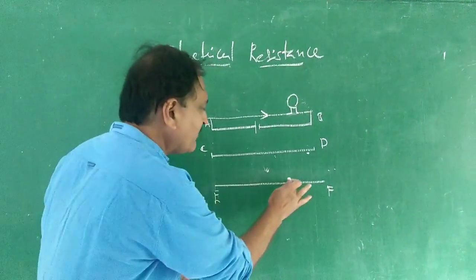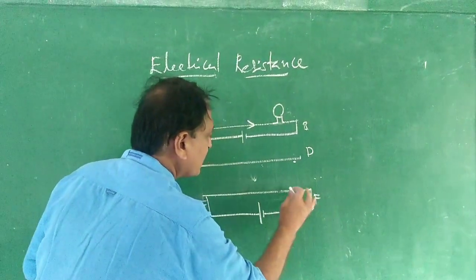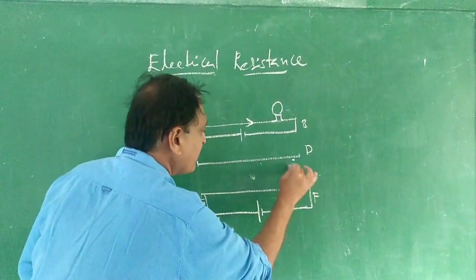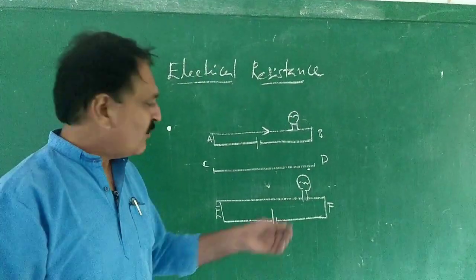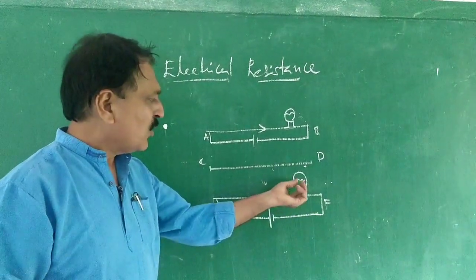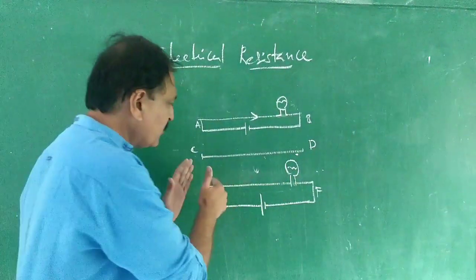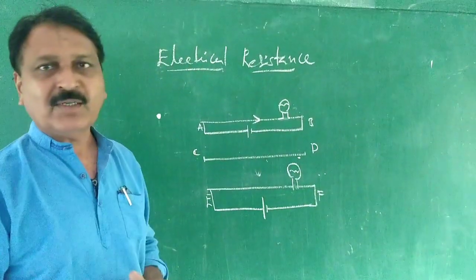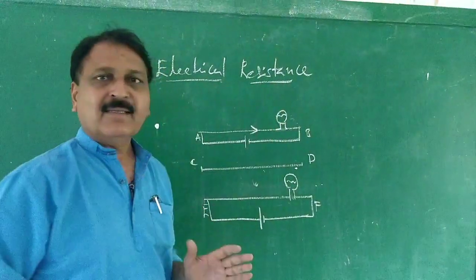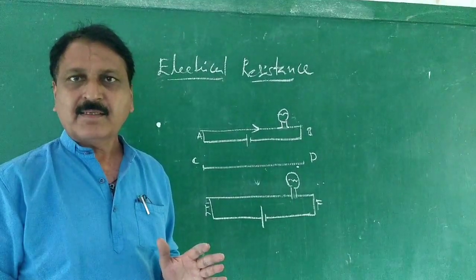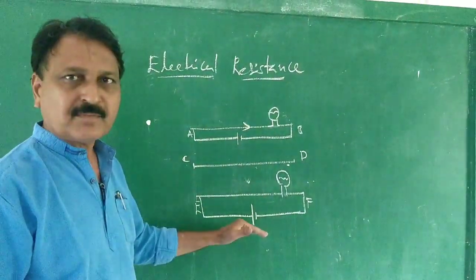Whereas for this nylon thread, I am connecting a battery and arranging a bulb, but you don't find any glow in the bulb, because the bulb is not glowing. So through the nylon thread the current is not flowing. But after connecting the battery through the copper wire, the current is flowing. So the bulb glows. What is the difference between these two?